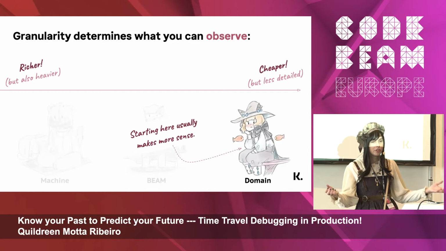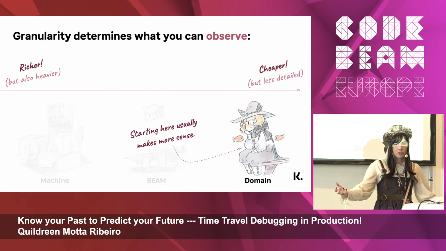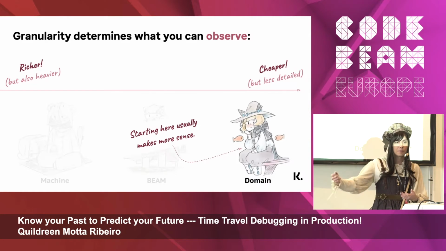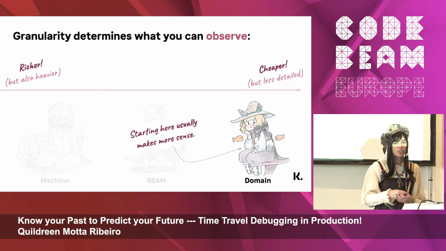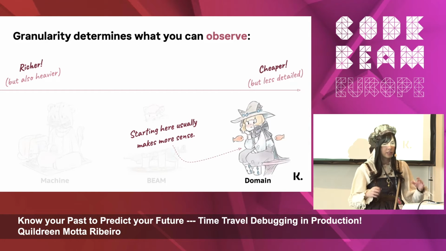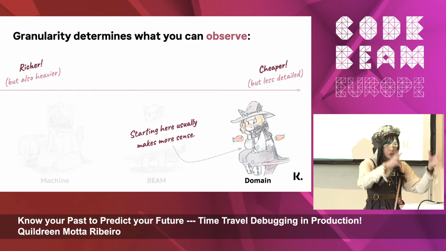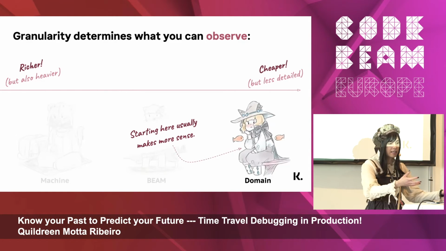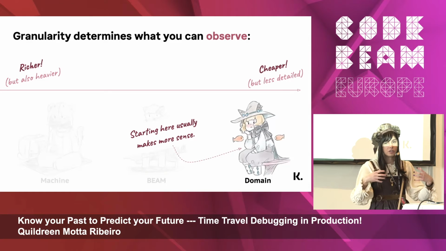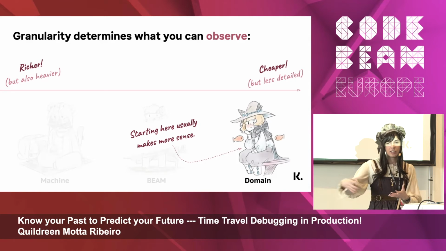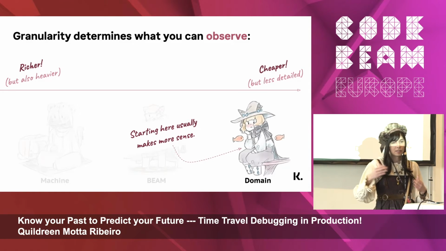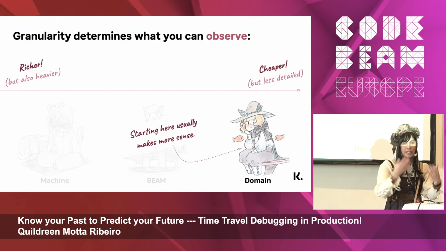Starting at your domain level usually makes sense, because usually you reason about your program, or what your program is doing, in terms of your domain. And only if you notice some very specific portion of that code that could have something to do with your encoding or the machine that was executing that, then you can run some more detailed analysis on that specific portion.